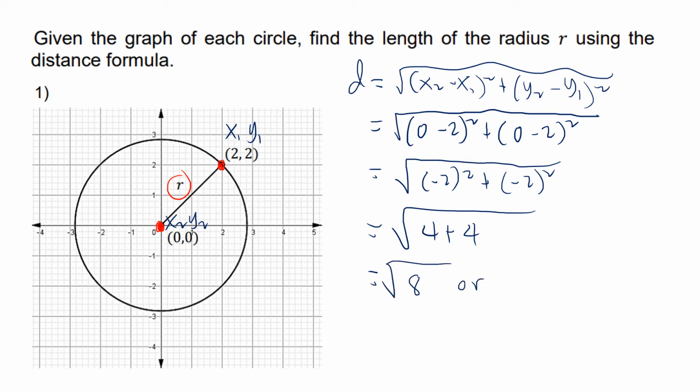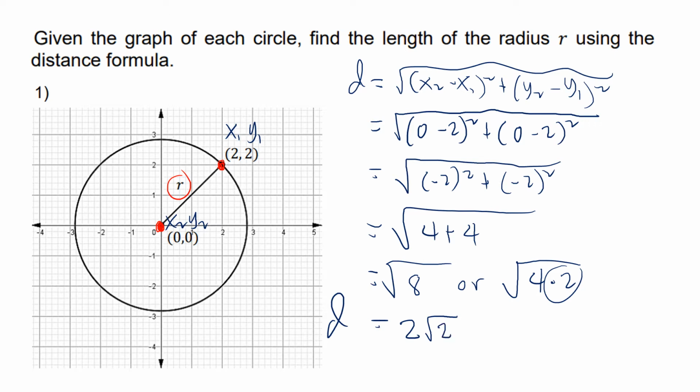Please take note that there is still a perfect square factor of 8 that can be simplified. For example, this is equivalent to 4 times 2. We choose this one because 4 is a perfect square. So the distance is the square root of 4, which is 2, and then the 2 inside, just copy that, enclosed under the radical sign.